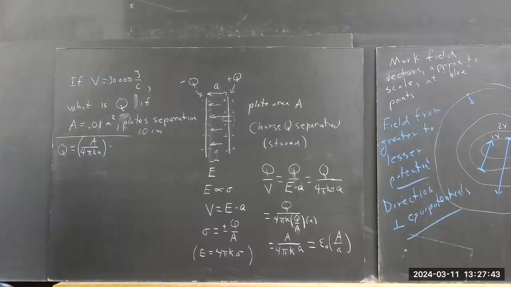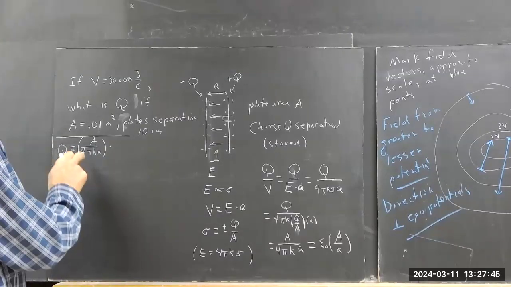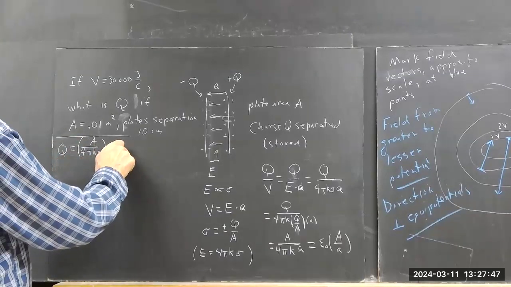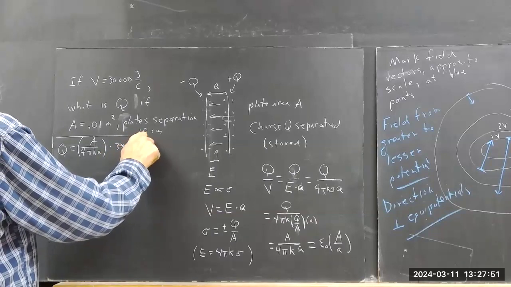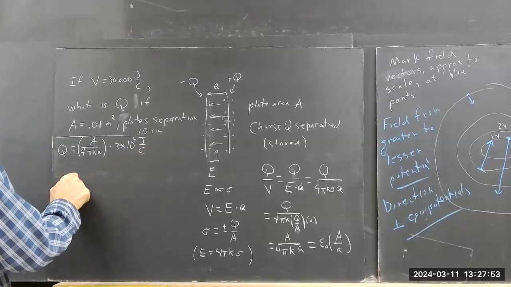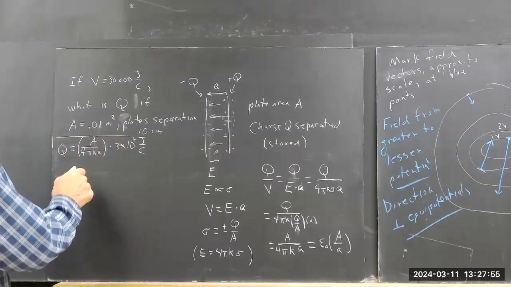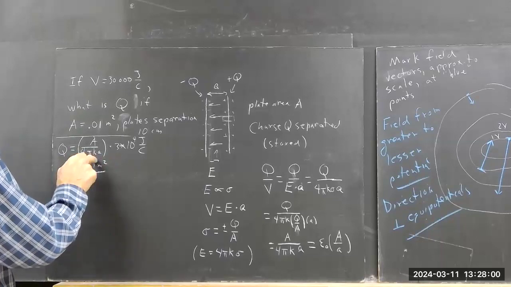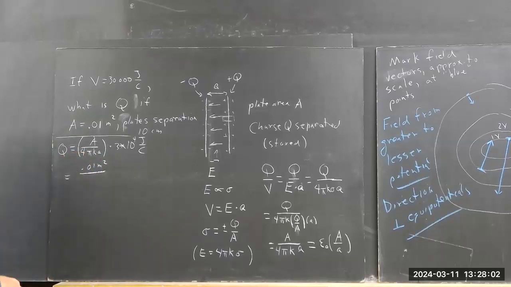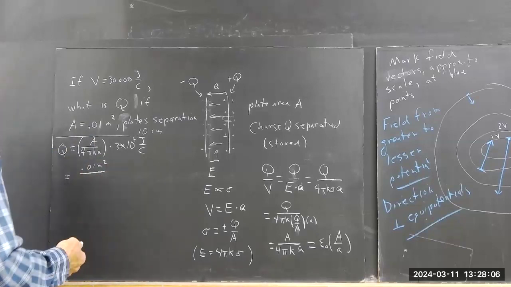I'm going to give you a plate separation of 10 centimeters. So we have this times your 3 times 10 to the fourth joules per coulomb. Well, you just plug stuff in, you got 0.01 meters squared. K is 9 times 10 to the ninth Newton meter squared per coulomb squared.